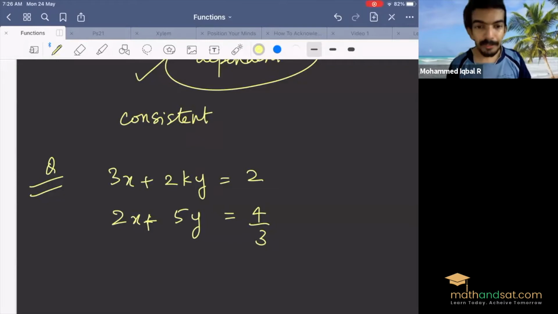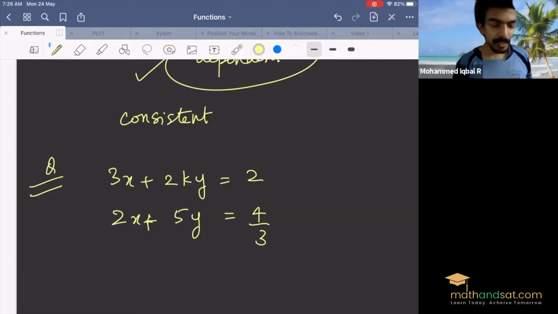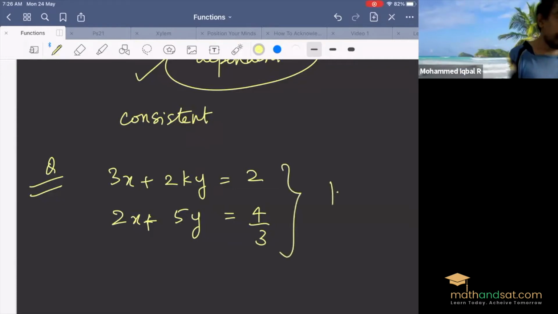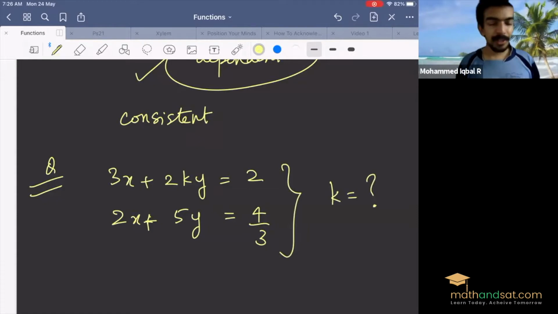What is the value of k so that the system of equations has infinitely many solutions?